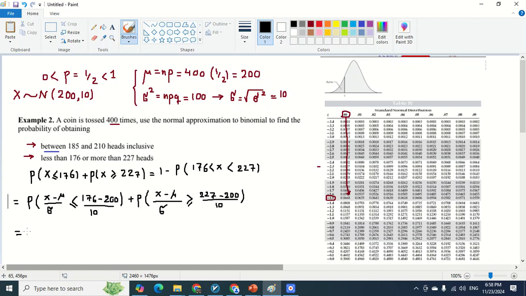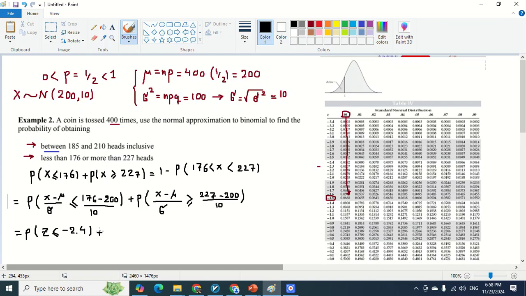We can rewrite it as the probability of z less than or equal to that value, so we have minus 24 over 10, which is minus 2.4 for this case, and for the second one we have the probability of z greater than some value.